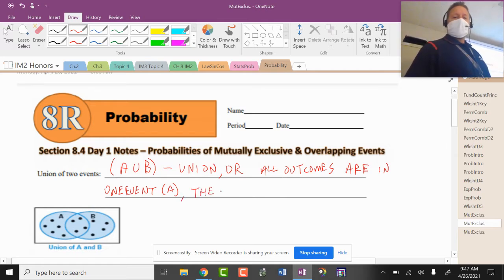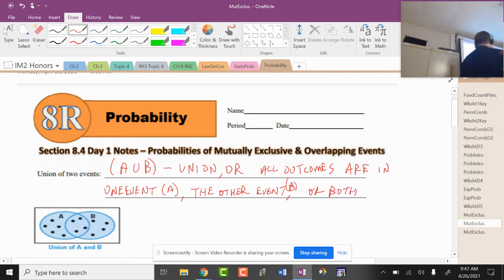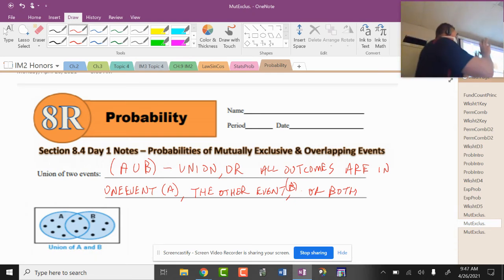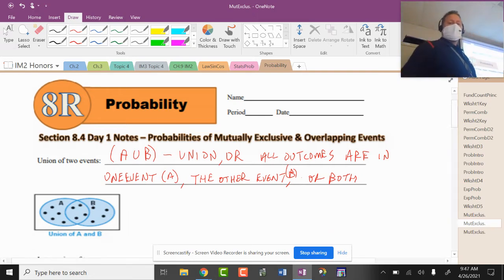The other event B, or both. And that's the problem. And we'll talk about that, if they're in both, what we need to do. But really what they are is, well, we'll just leave it at that. We'll talk about mutually exclusive and not mutually exclusive.